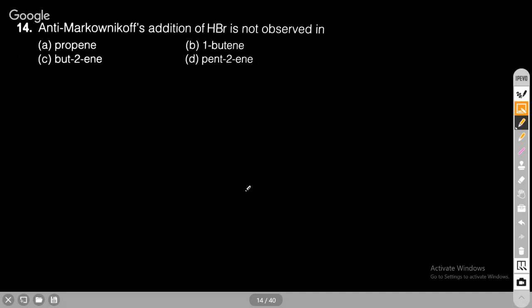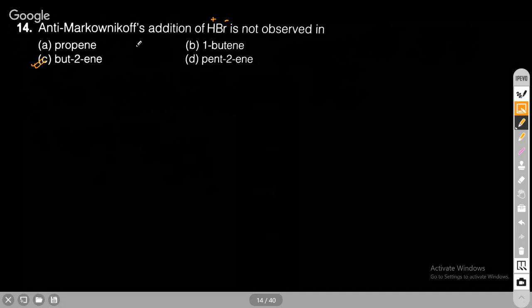C option is correct. So you should not have any doubt in this one. Anti-Markovnikov addition, you know that the negative part of the reagent will attach at the double bonded carbon atom which has more number of hydrogen. Correct? That is the anti-Markovnikov rule.